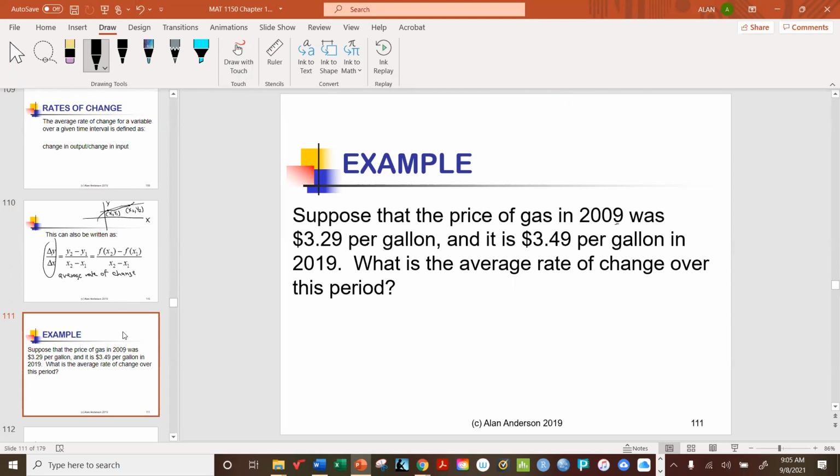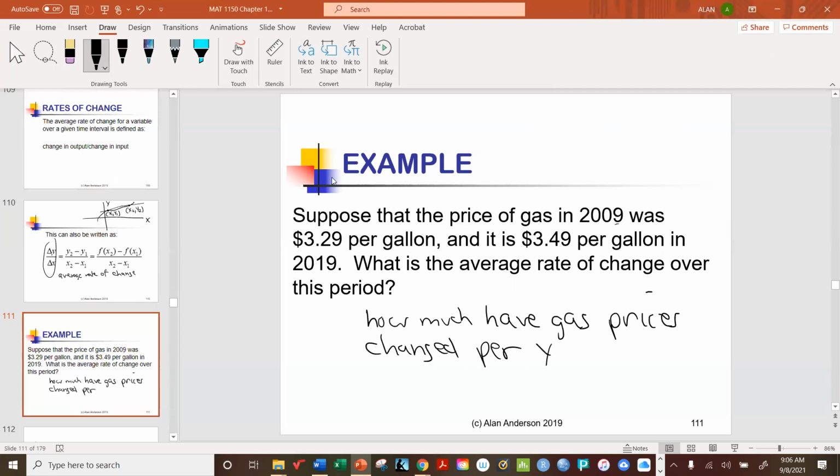So in other words, what we're trying to find out is how much have gas prices changed per year during this period. That's really what we're asking. What has been the average gas price change per year over this interval?